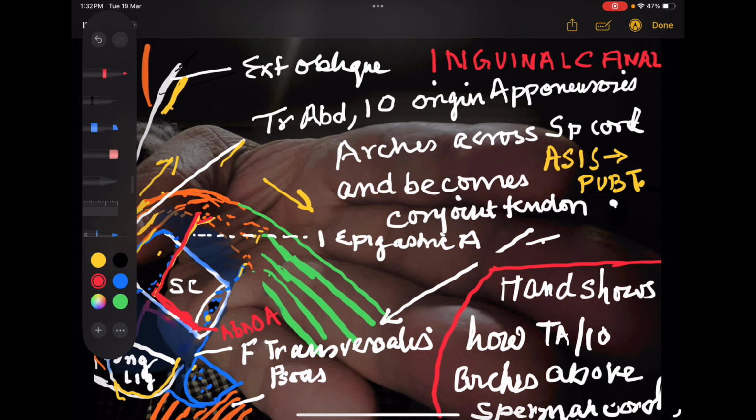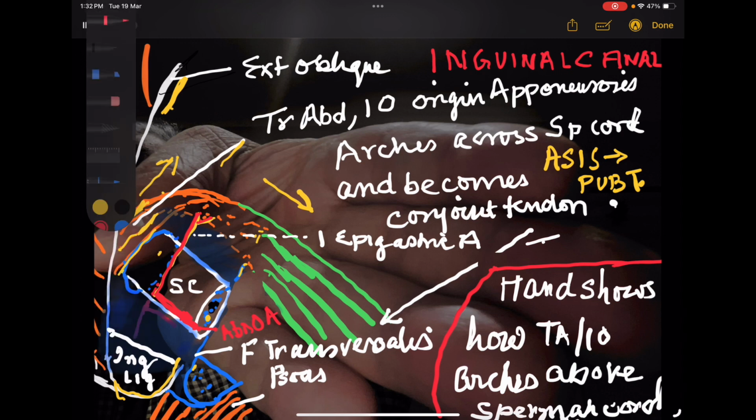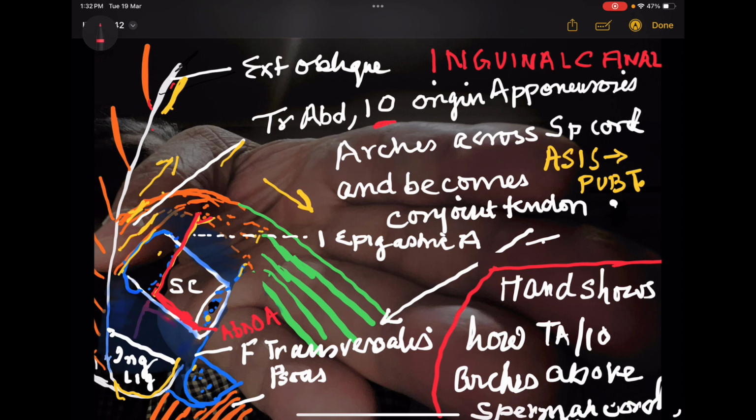Okay. Then the boundaries are therefore anteriorly the external oblique, inferiorly the inguinal ligament. Anteriorly, the lateral part is strengthened by the rising fibers of the transversus abdominis and the internal oblique, originating from the aponeurosis of the external oblique.